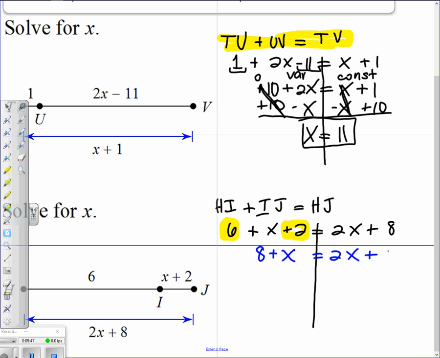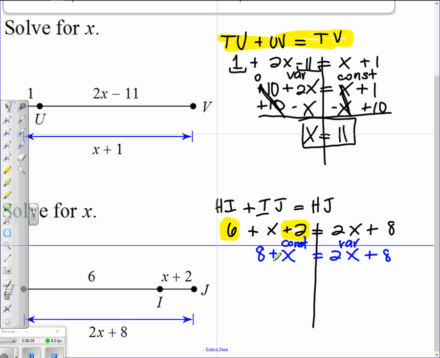Now, step number 3. Separate variables and constants. Separate letters and numbers. You have letters on both sides. Pick a side, then put the variable on the right, and the constant on the left. Constant means numbers only.